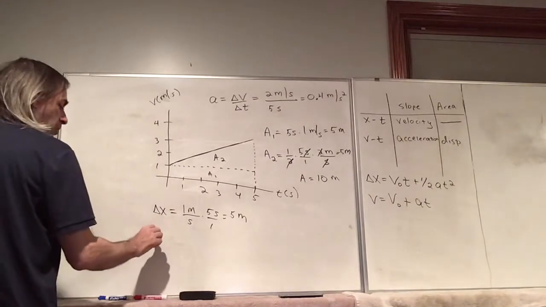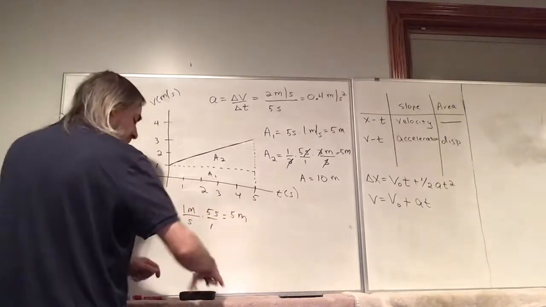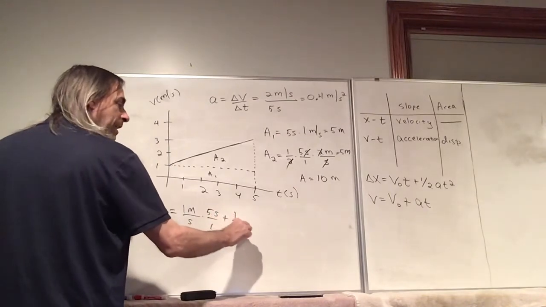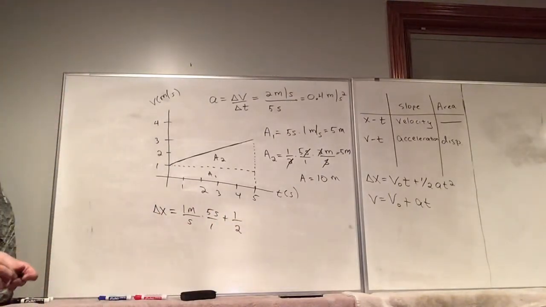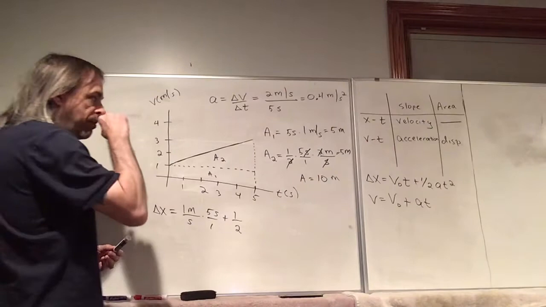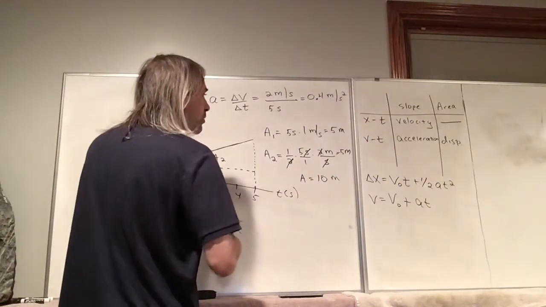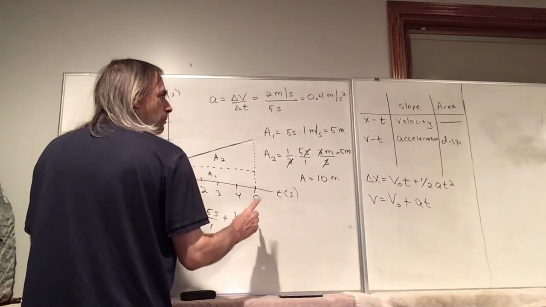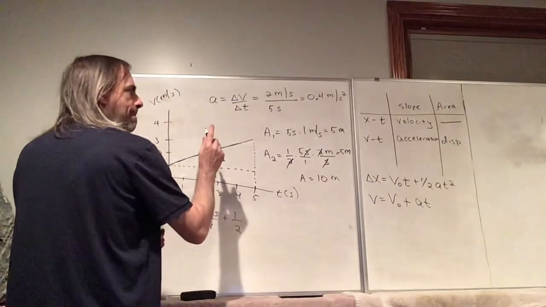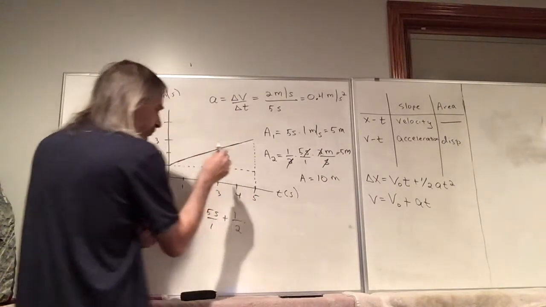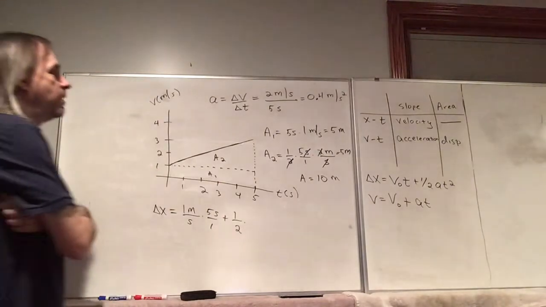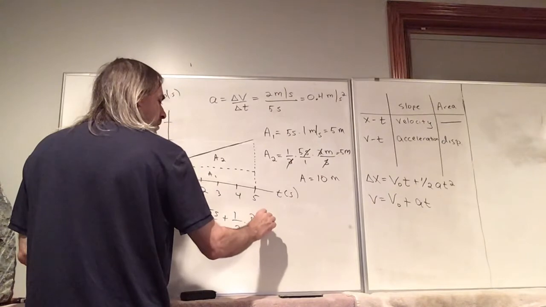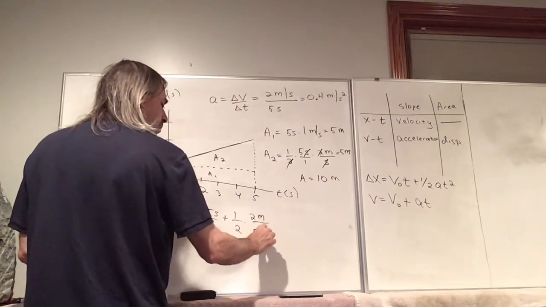And then A2, or the next term, we have 1/2 times the acceleration, which is 0.4 meters per second squared. I'm going to write this as 2 meters over 5 seconds squared.